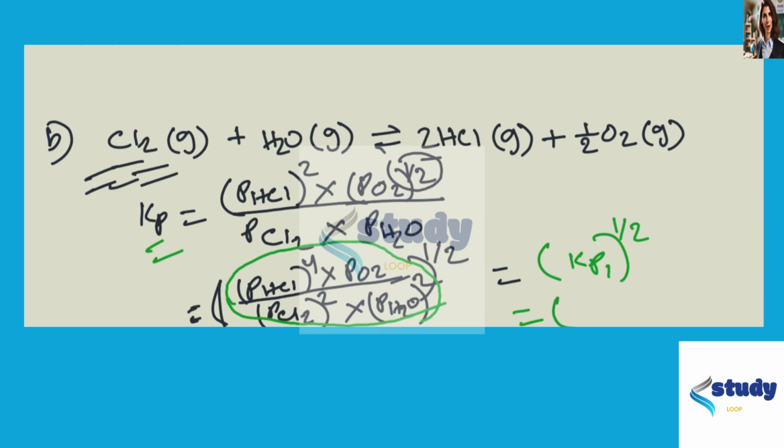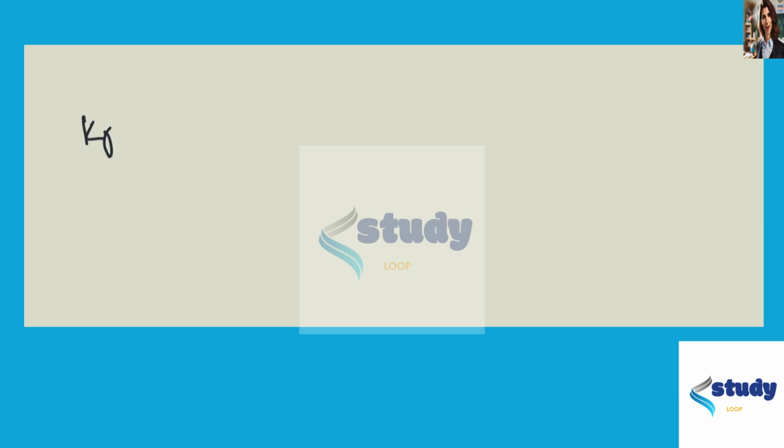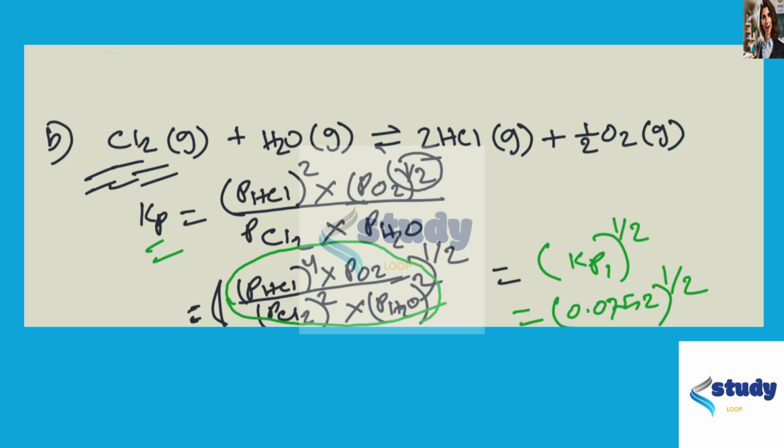So we put the value 0.0752, which is the Kp value for the reaction given, take the square root, and this gives us a value of 0.274. So this is the Kp value for the reaction in part B.